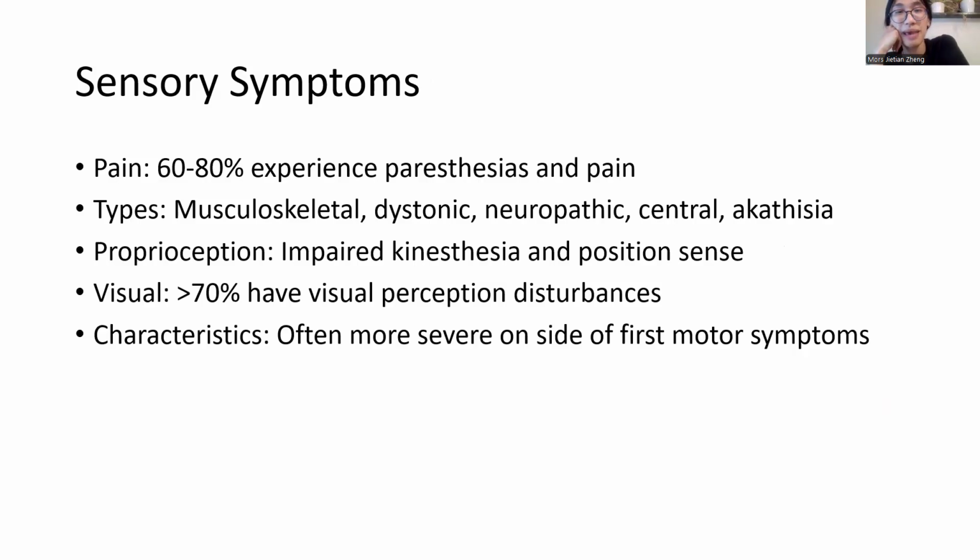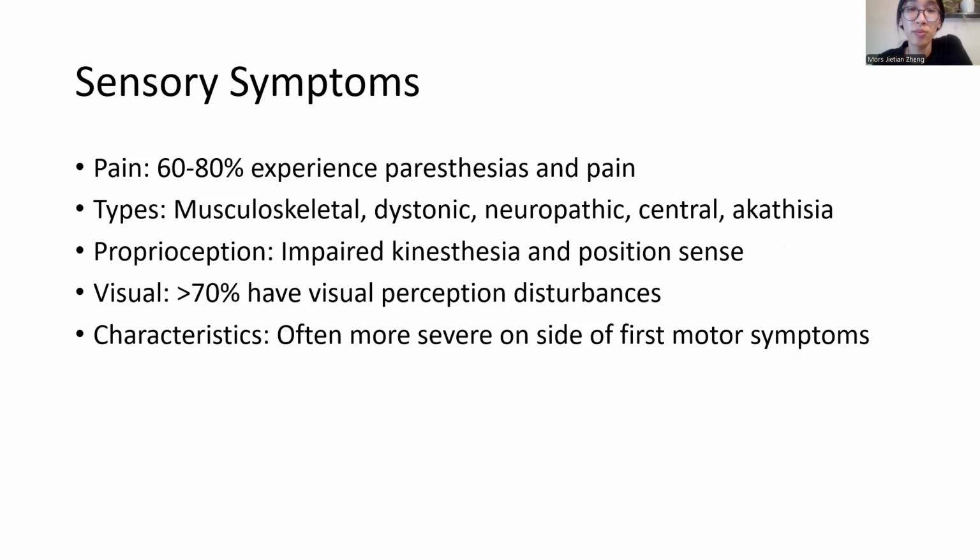Pain in Parkinson's disease is classified into 5 types: musculoskeletal, dystonic, neuropathic, central, or primary pain, possibly due to the dopamine deficiency in the basal ganglia, and akathisia, a feeling of inner restlessness.